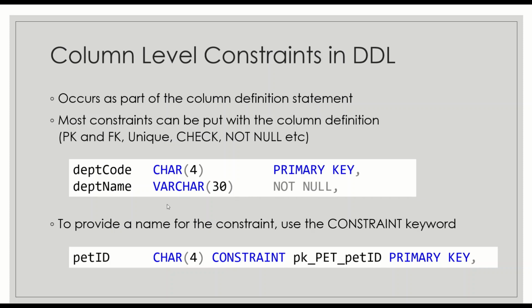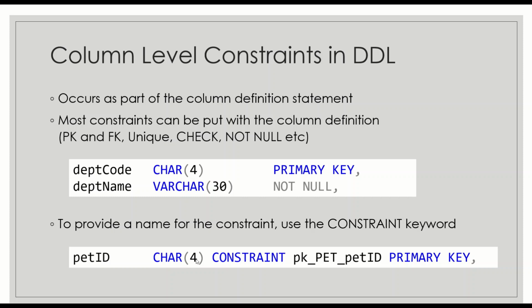If we want to provide a name for the constraint, then we can write it out in long form using the constraint keyword. So in this second example, we're also creating a constraint saying that this field is the primary key, but we're enabling ourselves to give it a name here. So we can compare this one to the department code one.